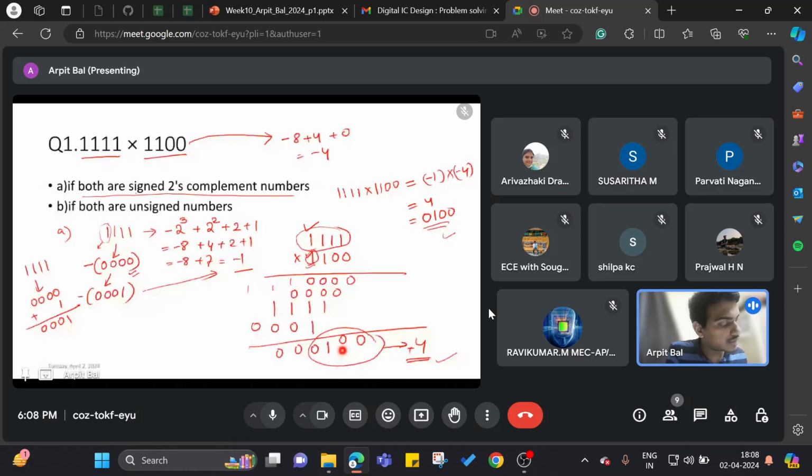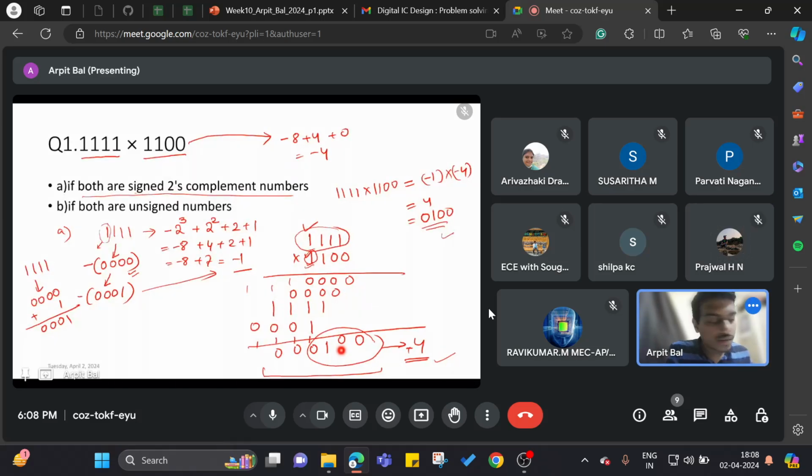So let us assume that if we would have taken all ones, then it would be 1 1 1 and 1, right? So what would this answer have been if I would have taken all ones in the fourth partial product? 1 0 1 1 0 1 0 0. Correct.